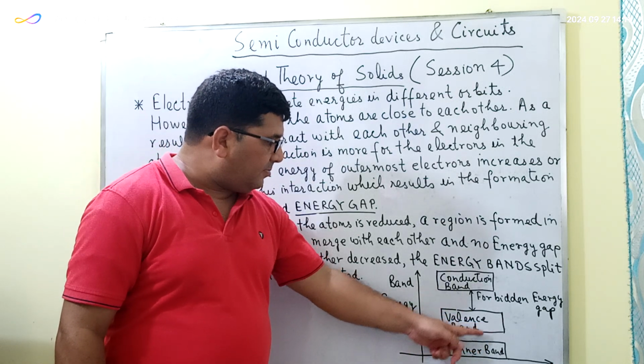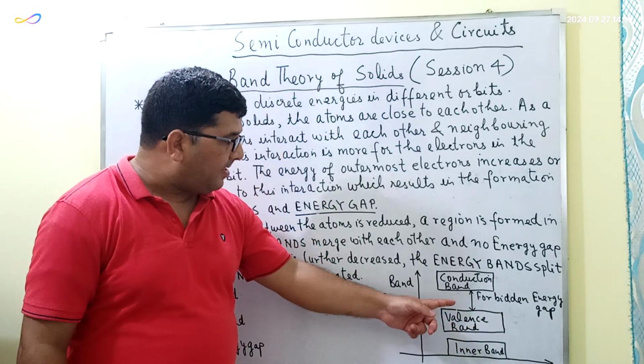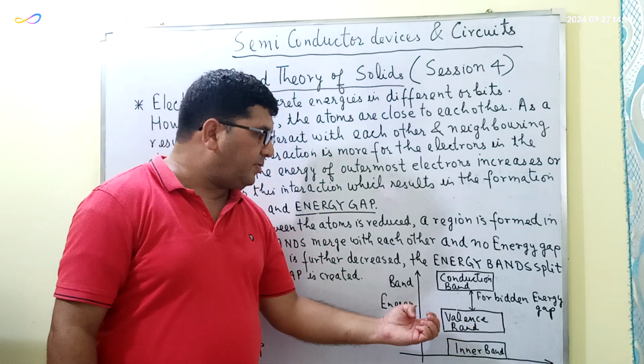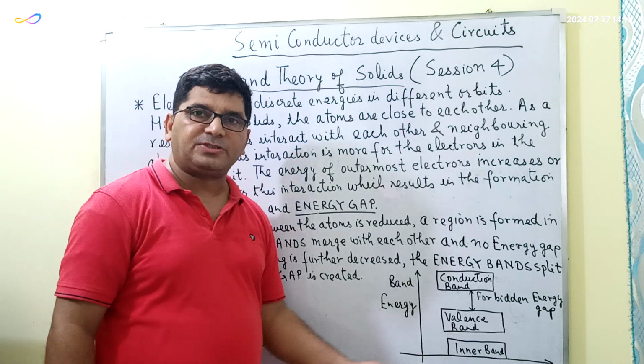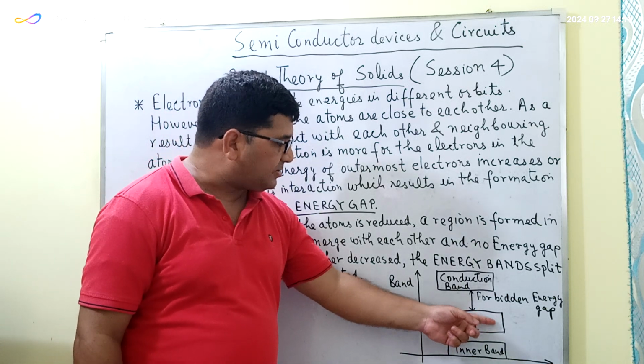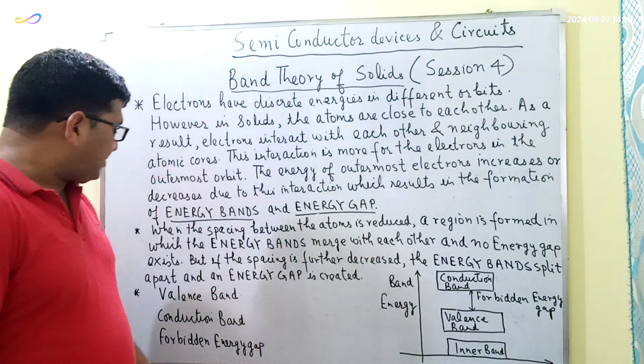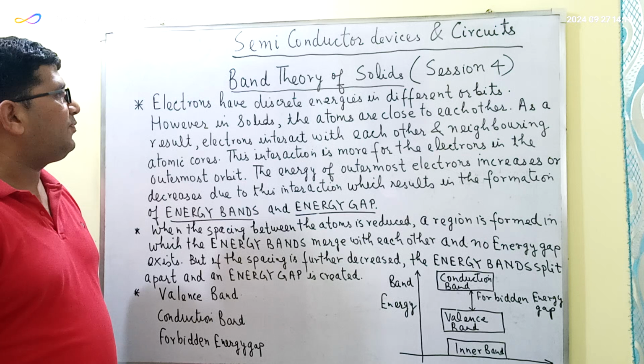And here, in the case of the forbidden energy gap, some amount of external force is required in order to move the electrons from the valence band to the conduction band. So this was a short description about the band theory of solids.